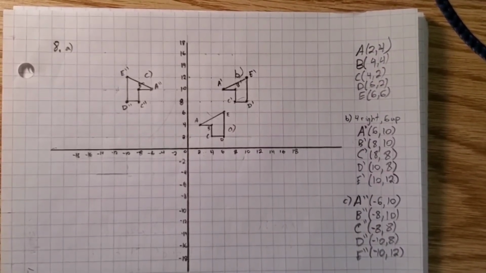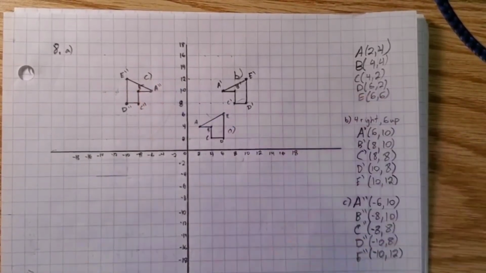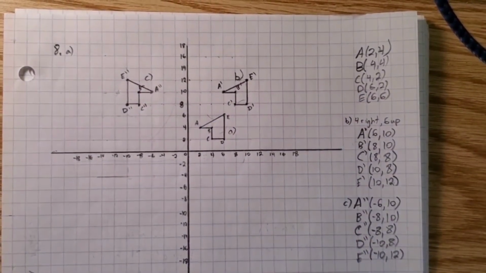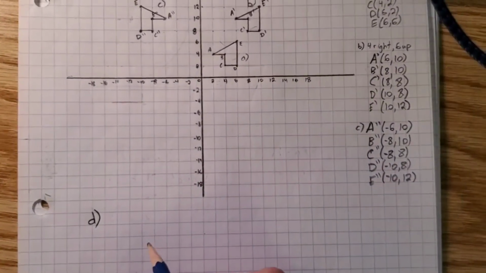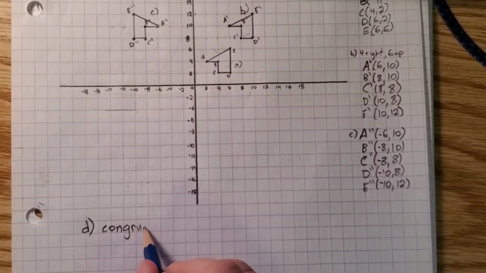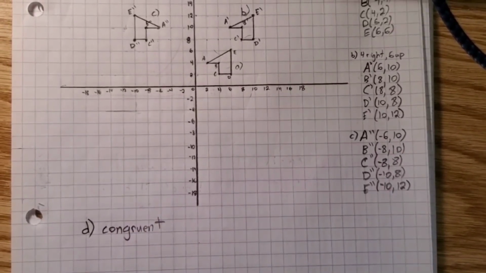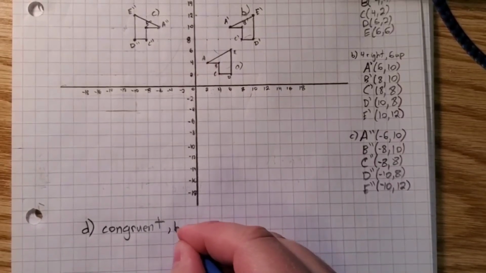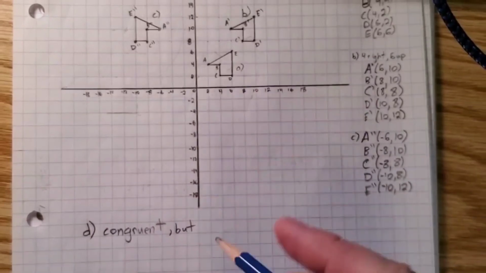So question D simply asks, now compare this shape to this shape. How are they different? Well, you could describe it a few different ways, but one way, using one word you may have learned in previous years, is congruent. They are congruent, but have different orientations. So they're not rotated or that kind of thing.